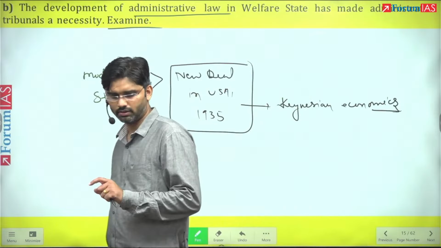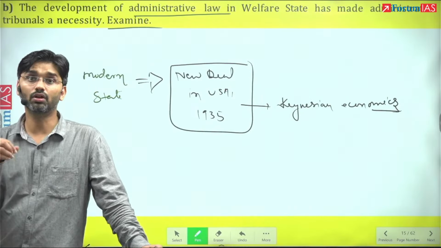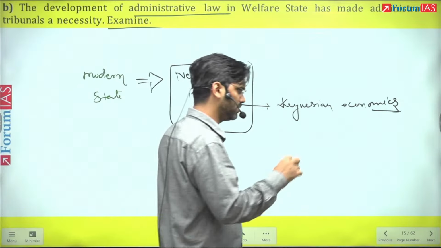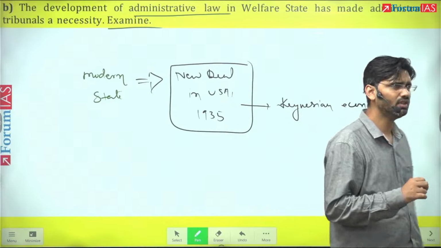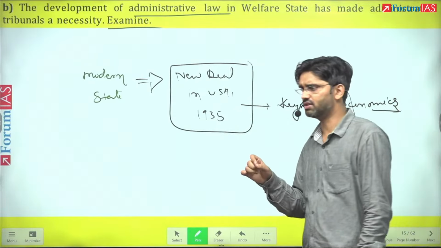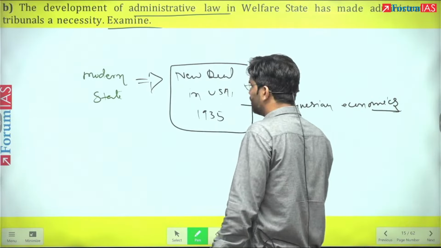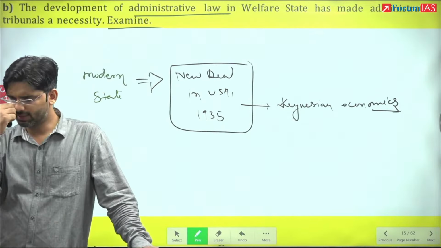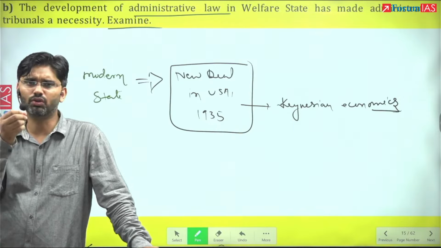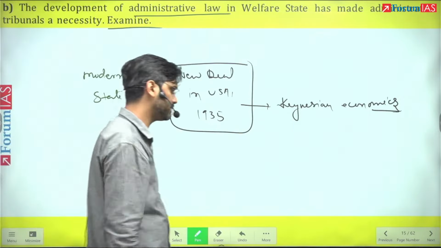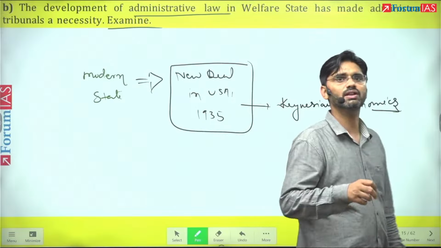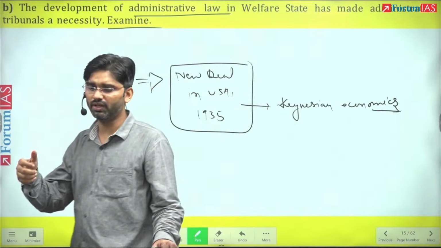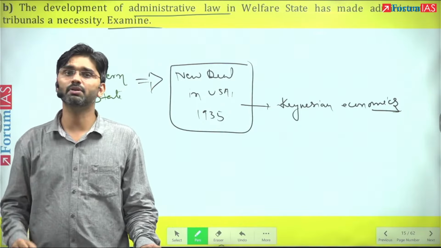It is here that the role of government increased in every sector, either insurance, infrastructure, agriculture, because the Keynesian economy assumes that when there is a recession, it is the government who is going to be the biggest spender. That will create jobs, that will help us to tackle inflation, that will stabilize the economy.